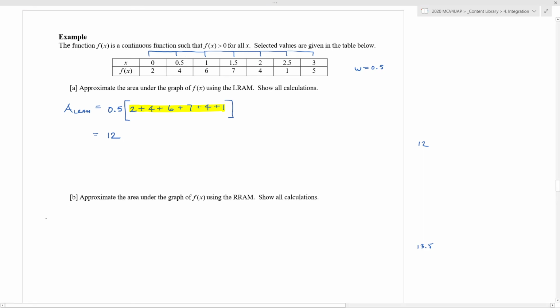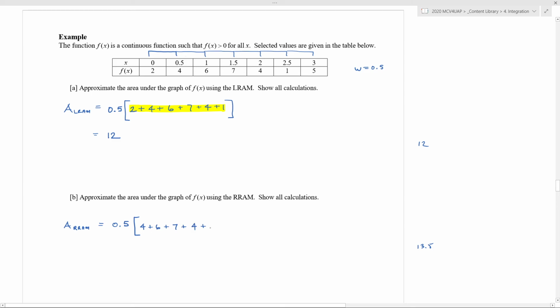Now let's do RRAM. Again, we'll take out the 0.5 because the width is the same for every rectangle, except now the first height is not 2, the first height is 4. The second height would be 6. The third height would be 7. The fourth height would be 4.